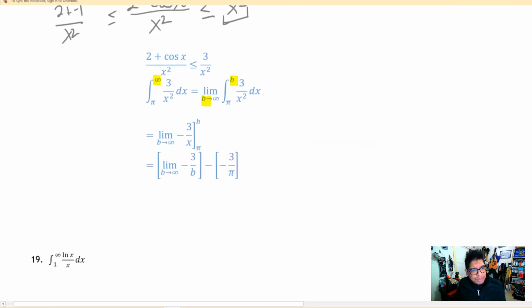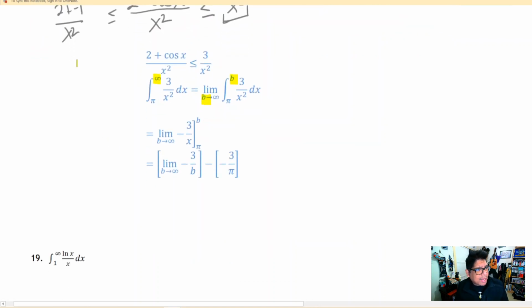And after we do the substitution, you notice here that this limit, as b approaches infinity, this denominator here is going to grow without bound, while this numerator is going to stay constant. So we've talked about that before. If the denominator grows without bound and yet the numerator stays constant, then this function is going to go to 0.